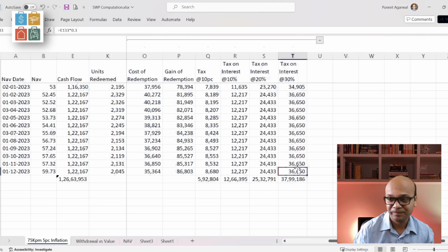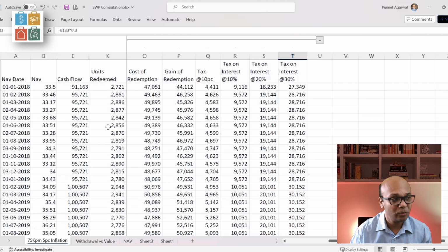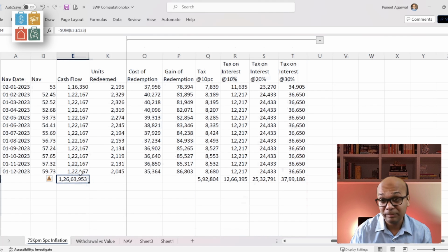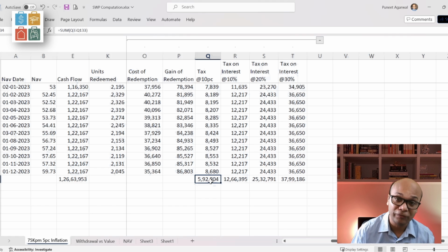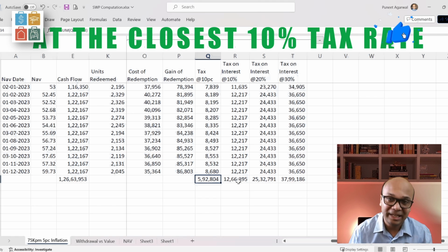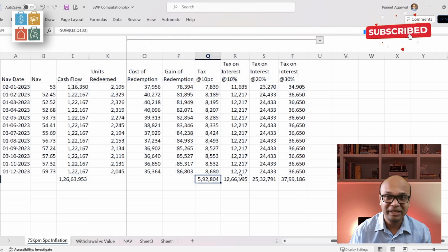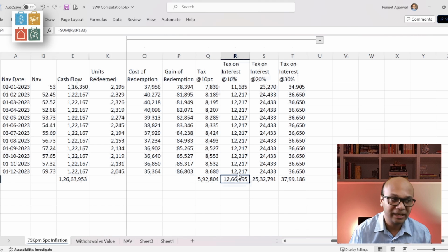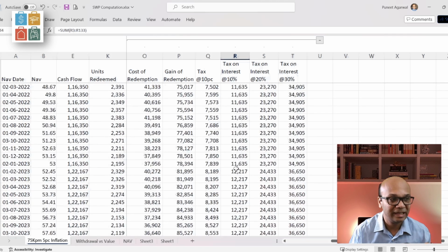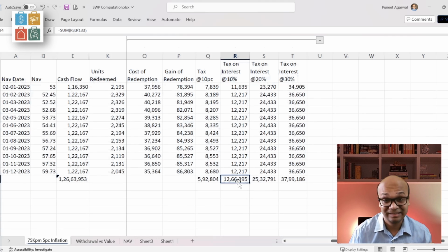Now, in this example of the whole 10 years of withdrawals, we ended up withdrawing close to 1.26 crores worth of money. On the gain part, when 10% tax was applied over this duration, the total tax outflow was 5.92 lakhs. At the closest 10% tax rate, I'll repeat, assume your tax rate is 10%, the amount of tax you would have paid throughout this whole duration would be 12.6 lakhs.